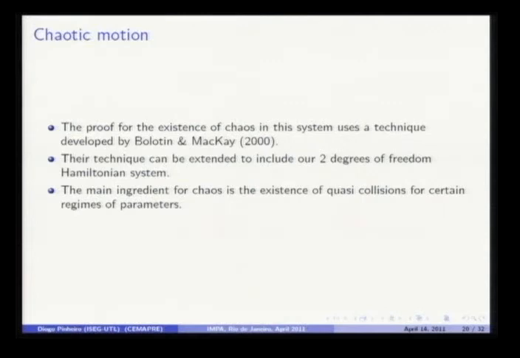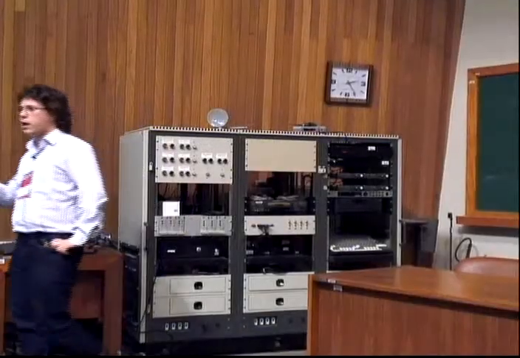The proof for the existence of chaotic motion follows some ideas and the technique developed by Bolotin and Robert MacKay in 2000. They use a variational method to prove that if they are able to build a sequence of collision orbits, or a chain of collision orbits, then there exists a suspension of a subshift of finite type in some energy level sets.